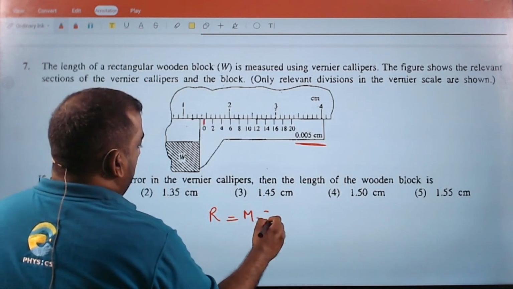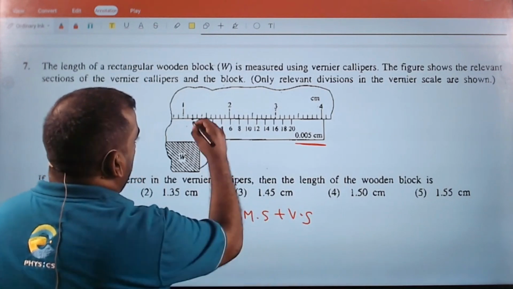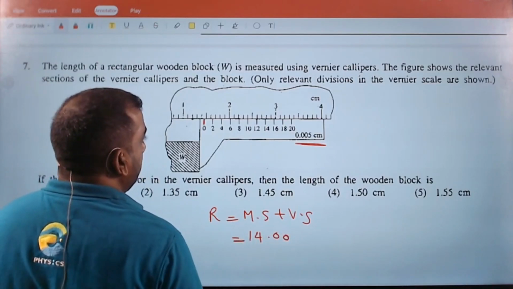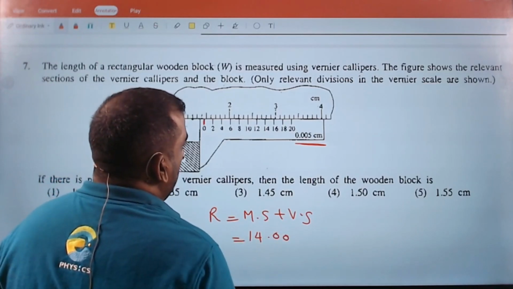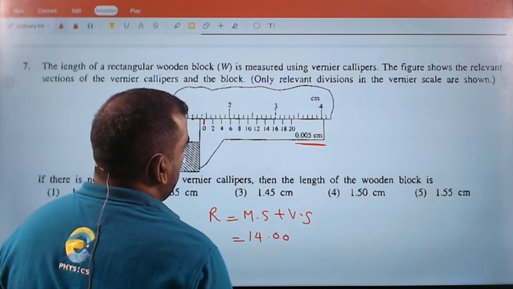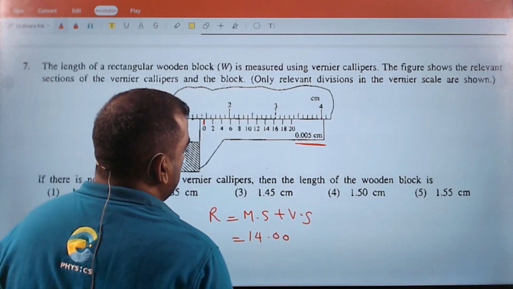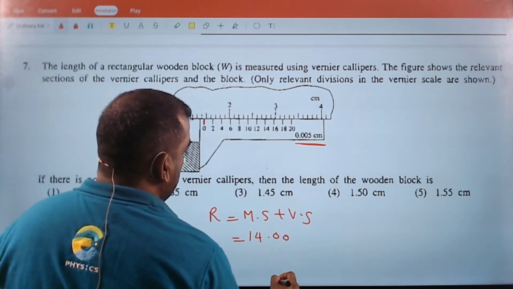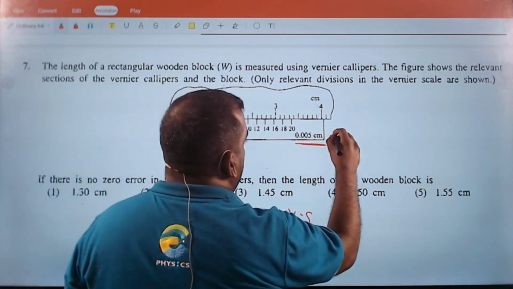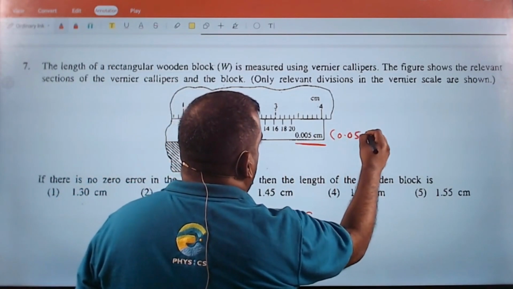Reading is main scale plus vernier scale. Between 14 and 15 millimeter, so 14 millimeter. When they give it like this, actually the least count is 0.05 millimeters.